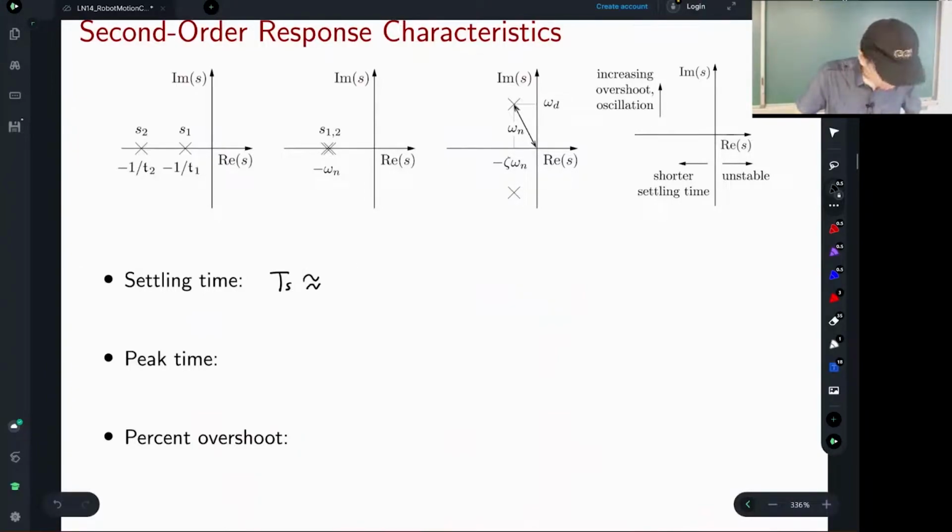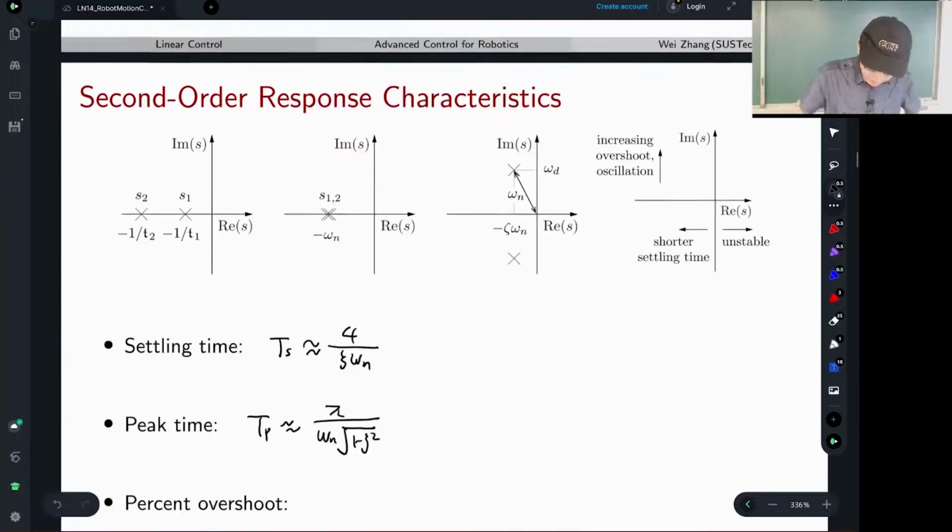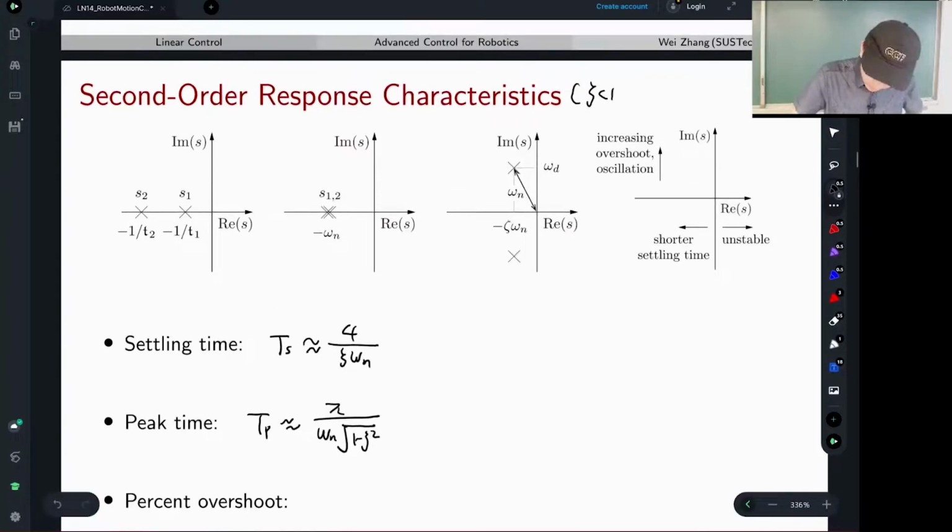Approximately, settling time is 4 divided by zeta omega n. And the peak time, T peak, is approximately pi divided by omega n times square root of 1 minus zeta squared. We consider mostly the underdamped case.